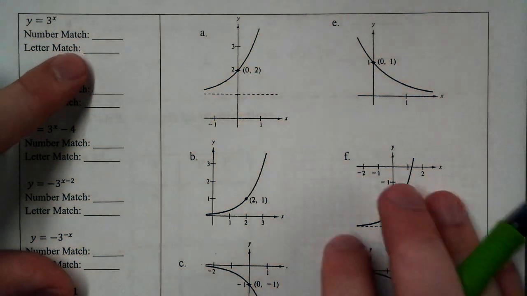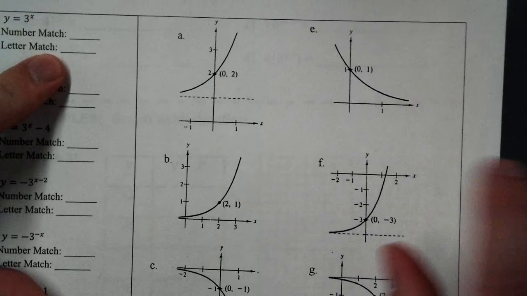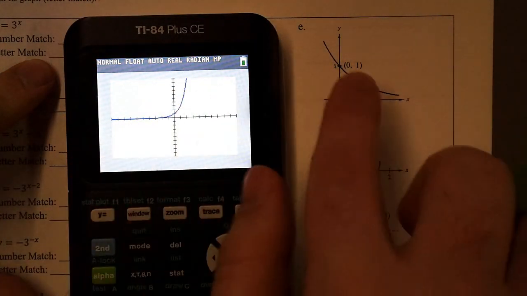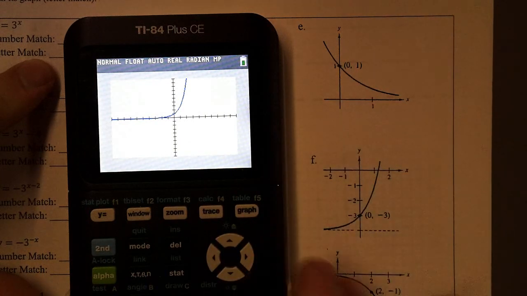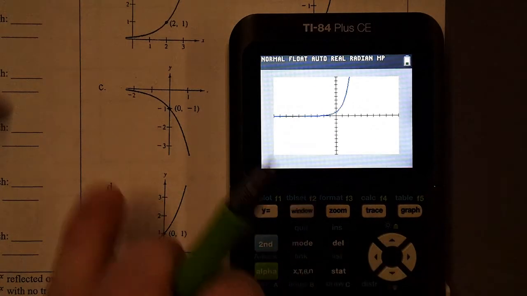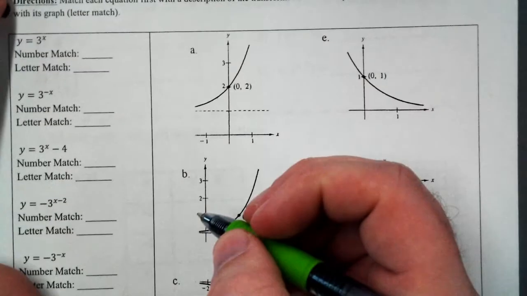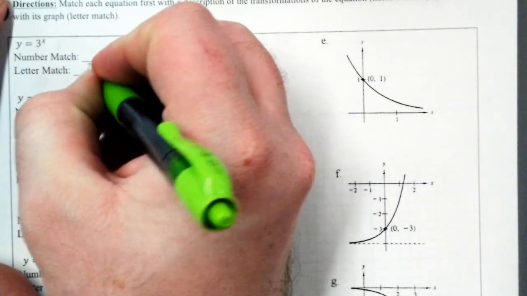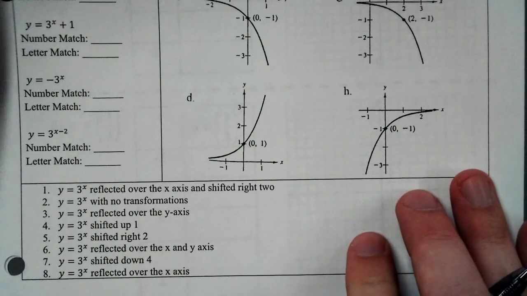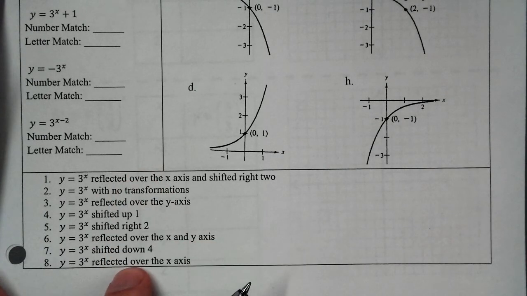So first, let's match what letter that is. This has (0, 1), but this one's going to the right and up. This is going down to the right, so that's not it. Keep looking. It matches up with letter D. Now, at the bottom, we're going to write a number which will tell us what the transformation is.